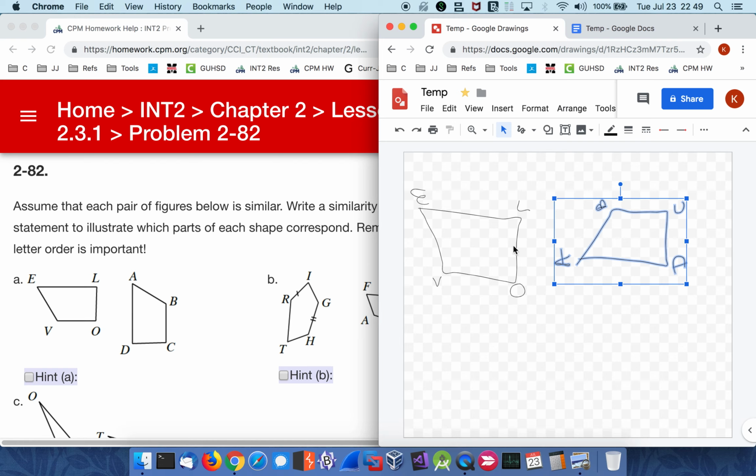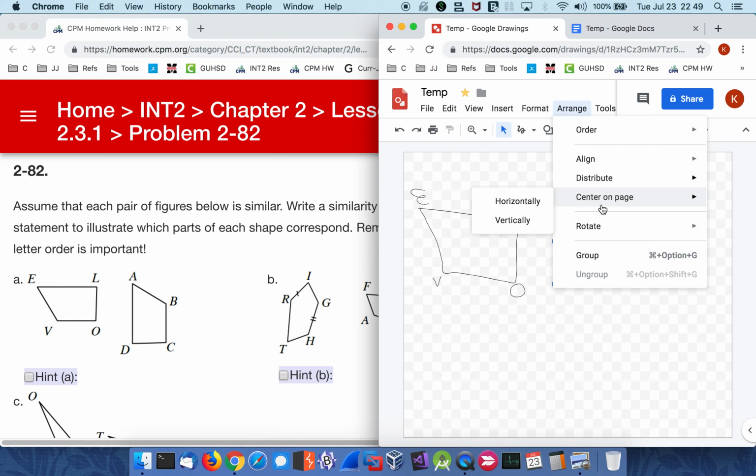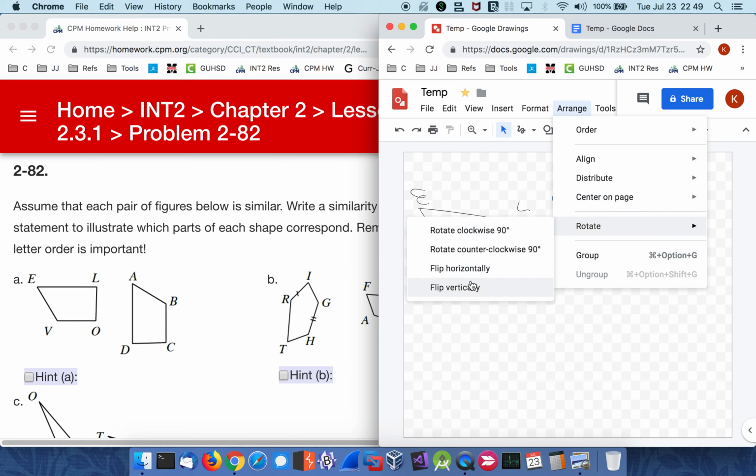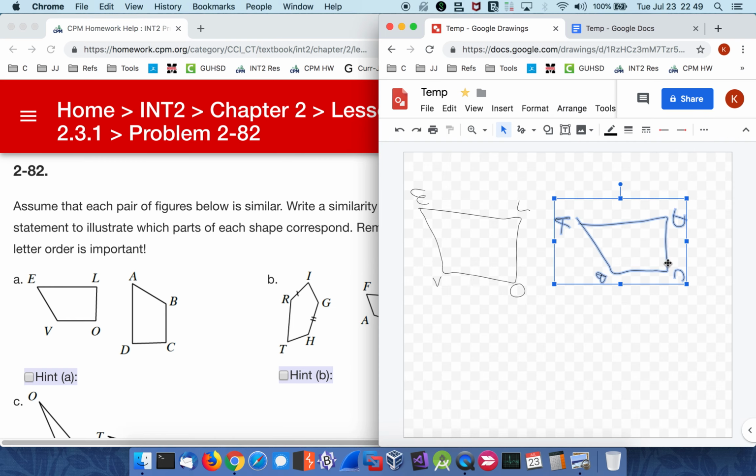They're not correct there. But if I rotate it and then I flip it, so rotate, flip, boink. Now they're similar. So they're similarly aligned now. So then we could just figure out what we want to label these. So if we go LOVE, then this one would be, I think, DCBA.